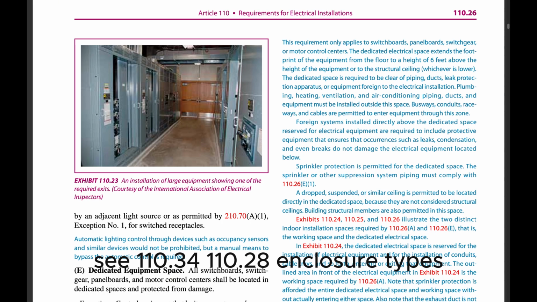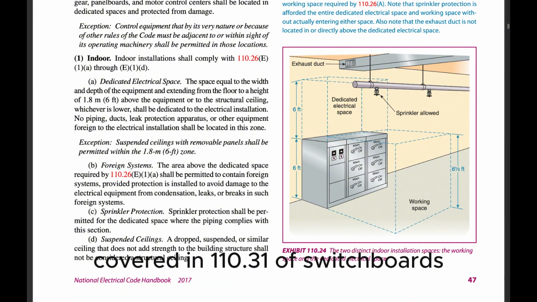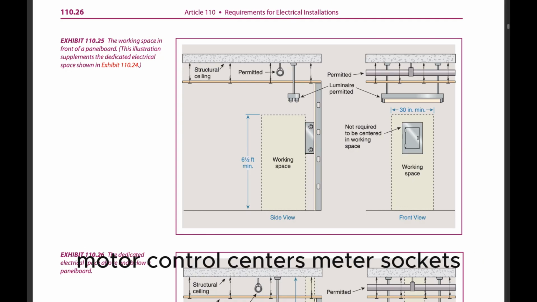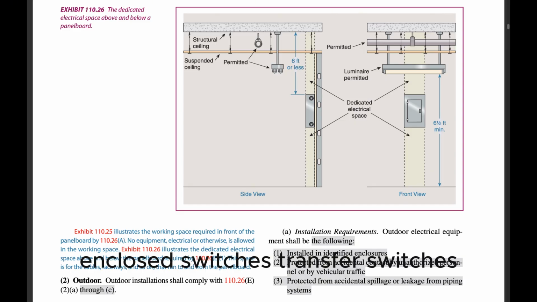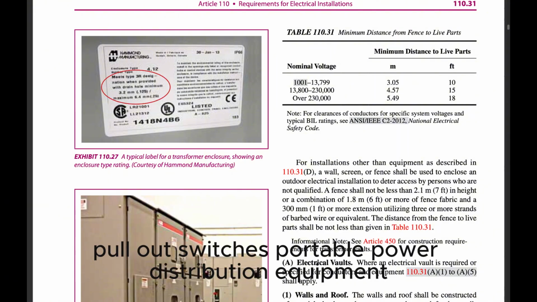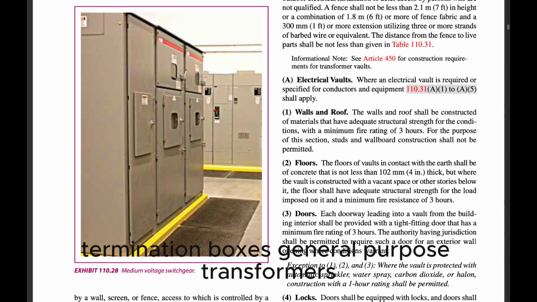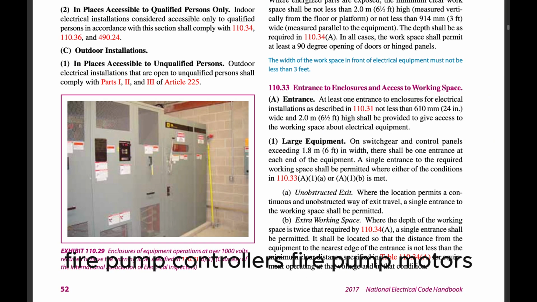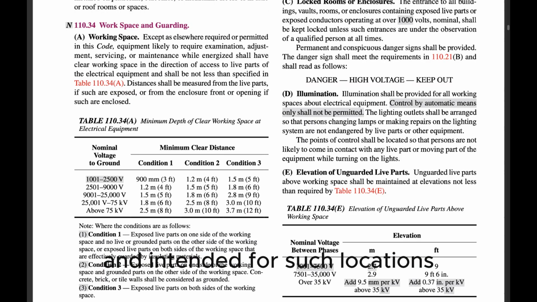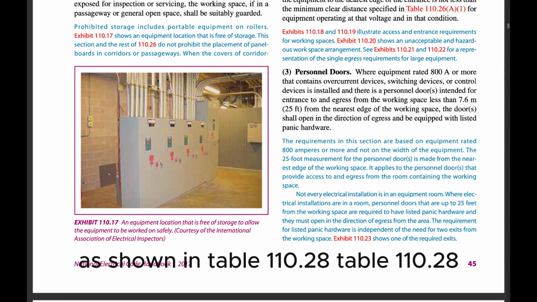110.28 Enclosure types. Enclosures, other than surrounding fences or walls covered in 110.31, of switchboards, switchgear, panelboards, industrial control panels, motor control centers, meter sockets, enclosed switches, transfer switches, power outlets, circuit breakers, adjustable speed drive systems, pullout switches, portable power distribution equipment, termination boxes, general-purpose transformers, fire pump controllers, fire pump motors, and motor controllers, rated not over 1000 volts nominal and intended for such locations, shall be marked with an enclosure type number as shown in Table 110.28.